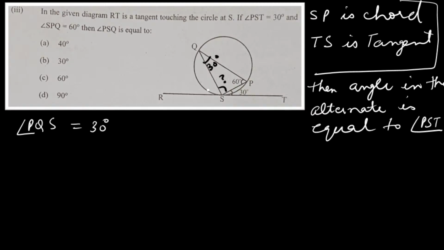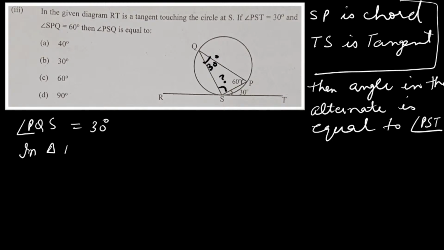Now we have to find angle QSP. So this angle we have to find, PSQ you can say. So we will use the sum of angles in a triangle, because in a triangle if you know two angles, the third one we can find by the angle sum property of a triangle.